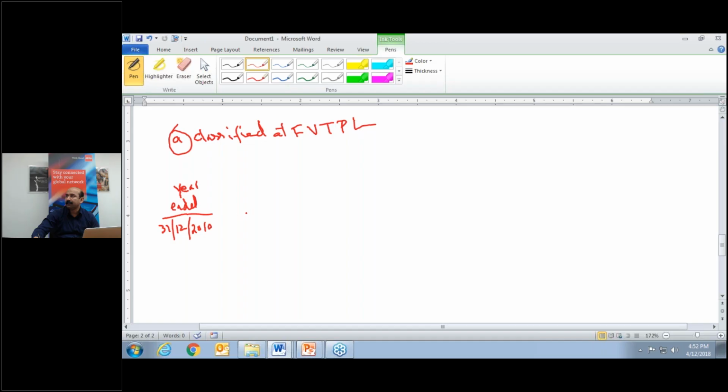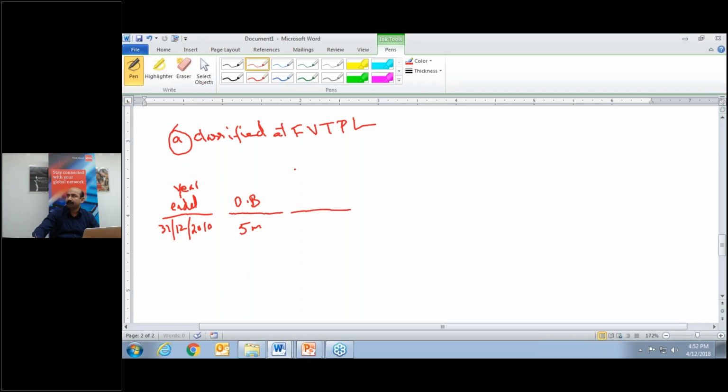So what is the opening balance? The opening balance of this asset is basically 5 million. You can look at the illustration. 5 million, nominal interest rate is 5% and effective interest rate is 5%.